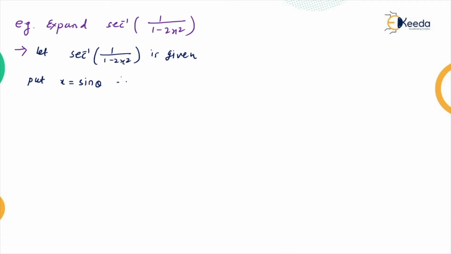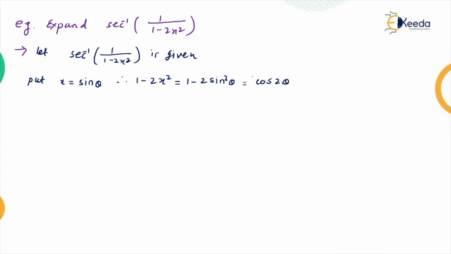Therefore the denominator 1 minus 2x square becomes 1 minus 2 sin square theta, as x is replaced by sin theta. 1 minus 2 sin square theta, there is a formula, and the formula gives cos 2 theta. In the given example, sec and cos are reciprocals of each other. That's why I am converting x as sin theta, and we get the denominator as cos 2 theta, guys.